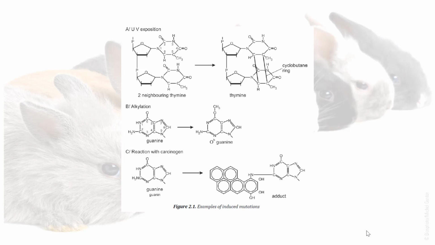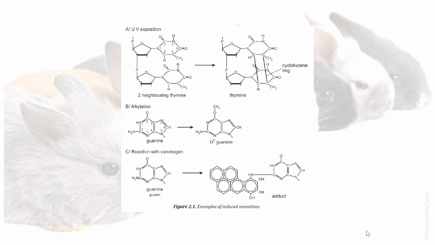Now, this is something that can be repaired directly, and we'll see direct versus indirect repair a little bit later. But it distorts the way DNA functions and the way DNA is read. So it's not a mutation in the sense that we typically think of mutations, where the sequence of the DNA is changed. It's just how you read the DNA that is changed because of the inability to read these bases correctly.